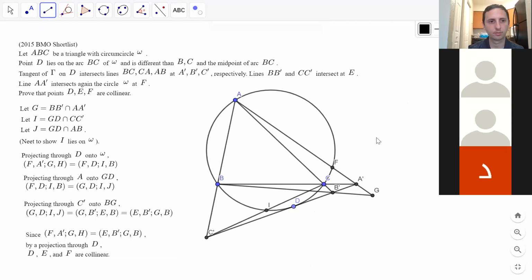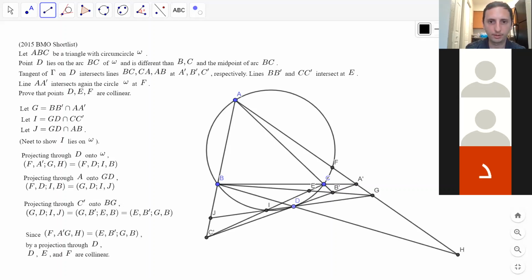Might have. But it doesn't seem like a super hard problem. So I feel like maybe we're just missing something. But I'll probably figure it out after the session.